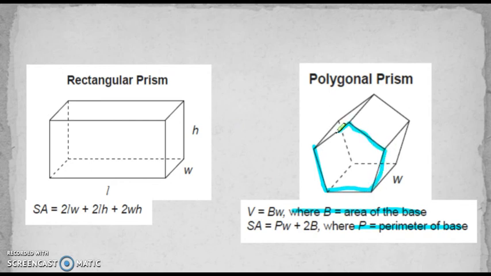We can add all of those together and then multiply it times the width, how deep that shape is. Then we can also find the area of the base, which would be to find all of that inside, and multiply it by 2 because I have a front base and a back base.